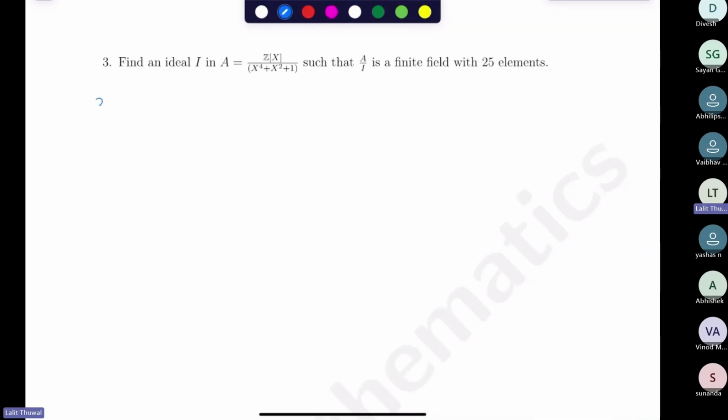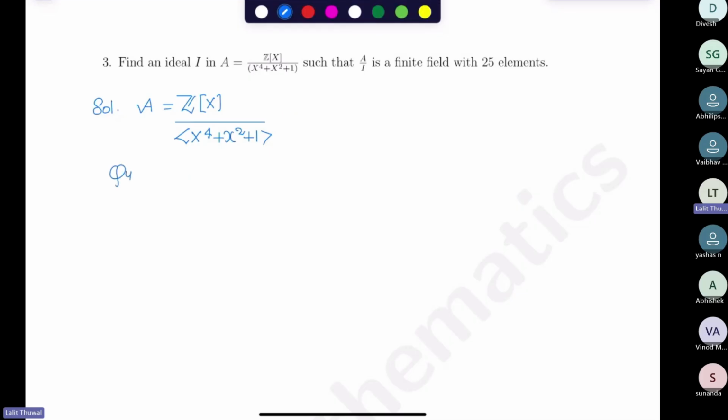Solution. A is given to be this. So my first question to you: is this polynomial x to the power 4 plus x square plus 1 reducible or irreducible?